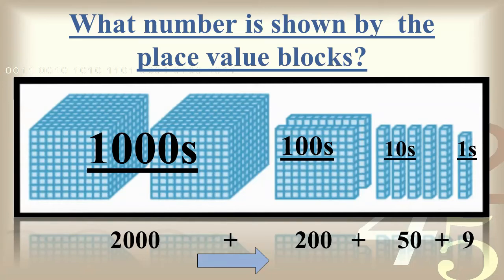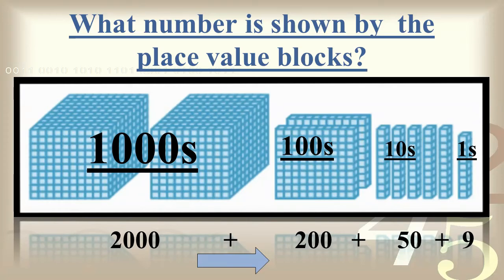We have 100, 200, 300, 400, 500, 600, 700, 800, 900, and that last one makes it 1000. So these are thousands, and how many thousands are there? There are 2 thousands.